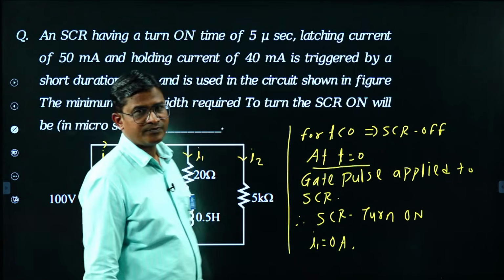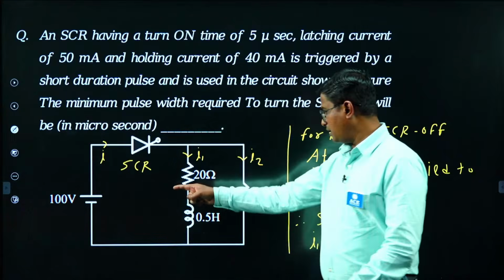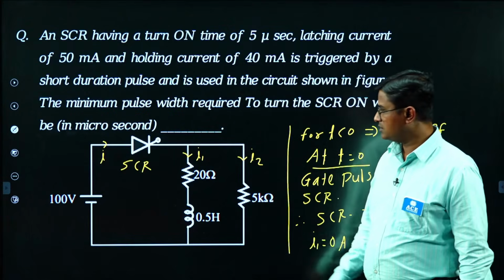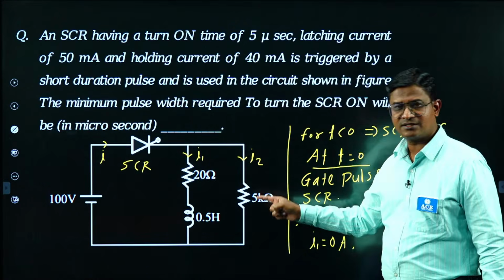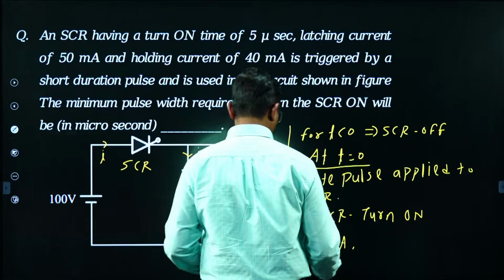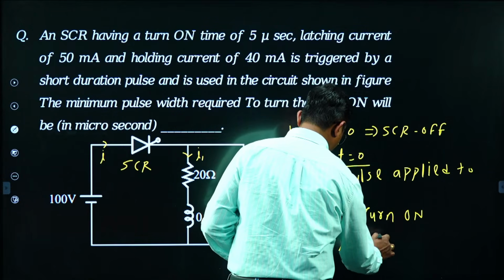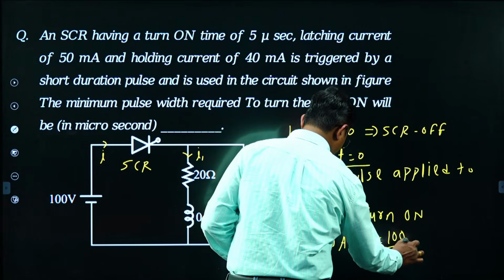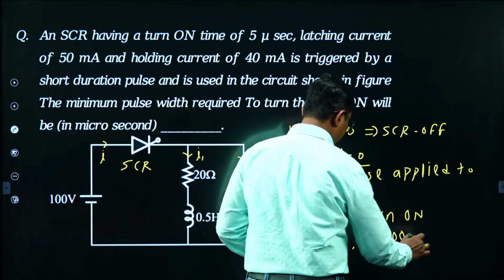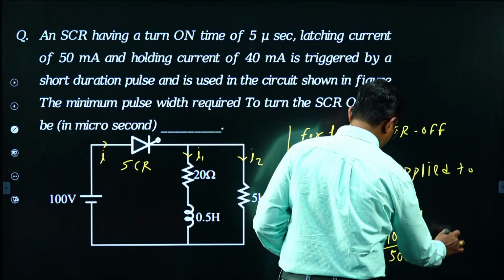And what is I2? I2 equals 100 upon 5k. Check, when SCR is in on state at t equal to 0, this 100 volt will appear across this branch. So I2 equals 100 upon 5000, which is equal to 20 milliampere, right?